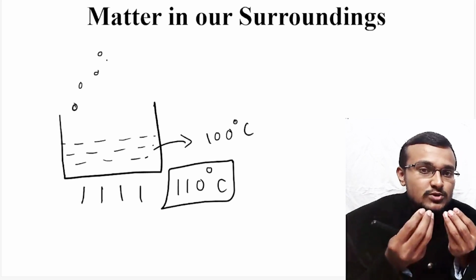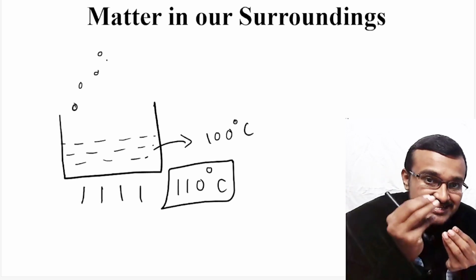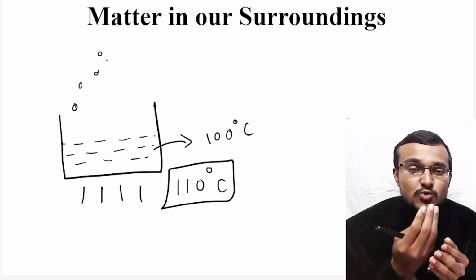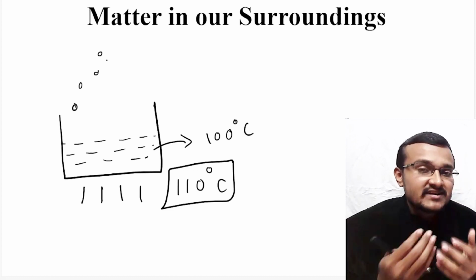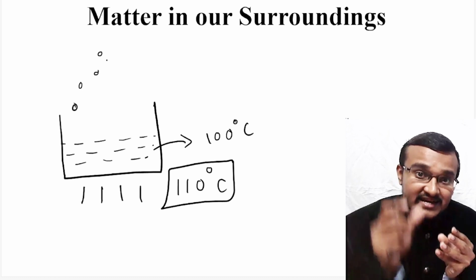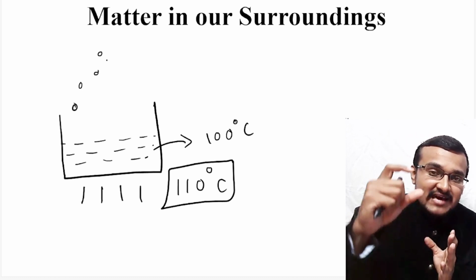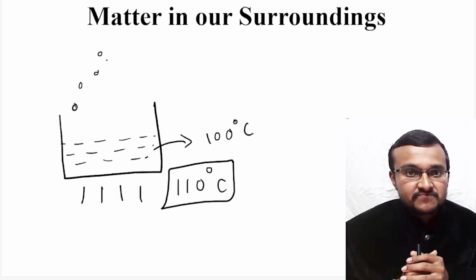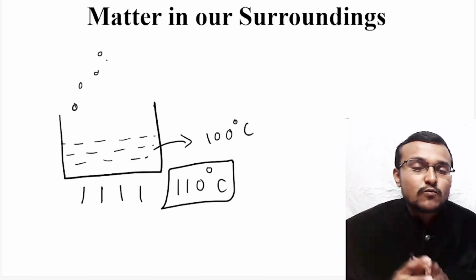That means water has got converted into gaseous molecules, and this steam, these gaseous molecules which have evaporated from the water, so that water is boiling at 100 degrees Celsius. The extra heat which is more than 100 degrees Celsius is there in the form of latent heat with that steam. So that's why steam will have the maximum amount of temperature, more than 100 degrees Celsius. So that's why steam will be hotter compared to water.